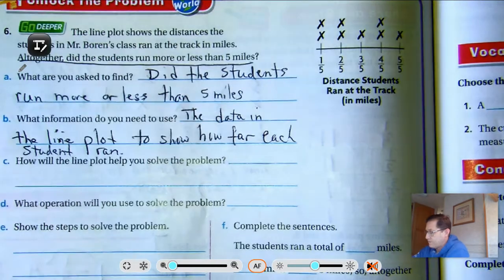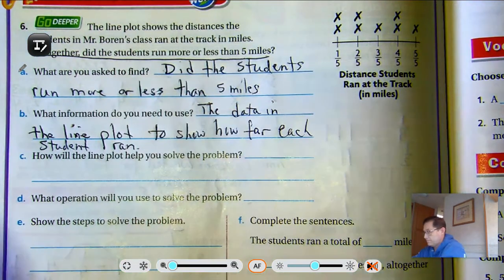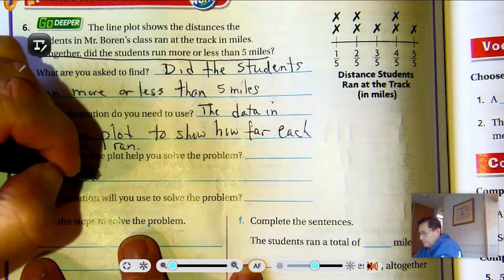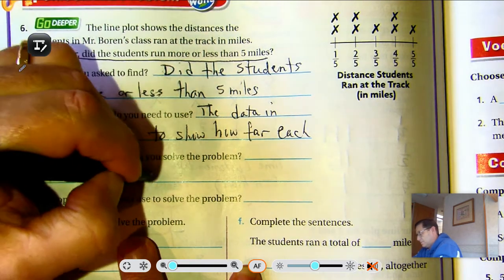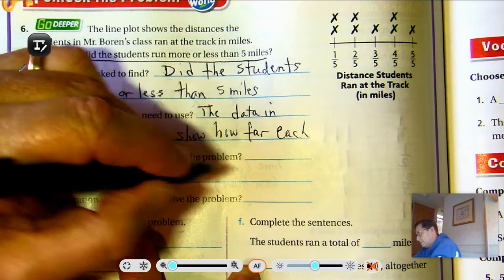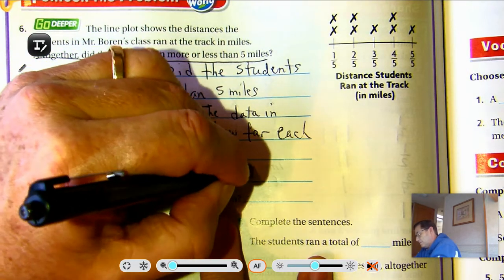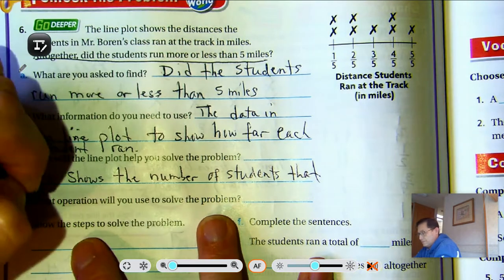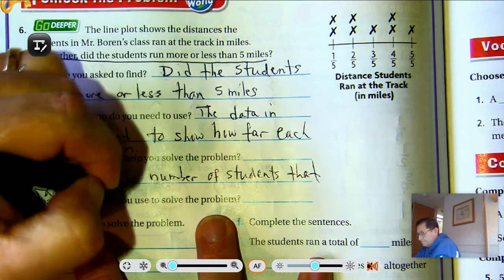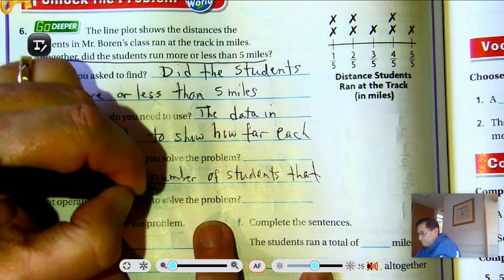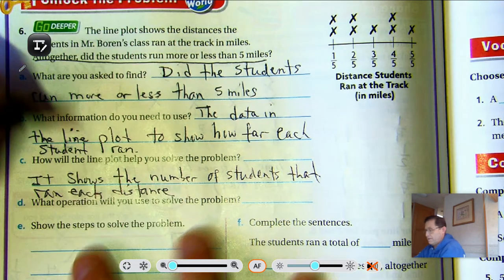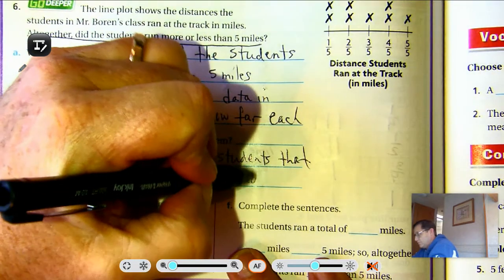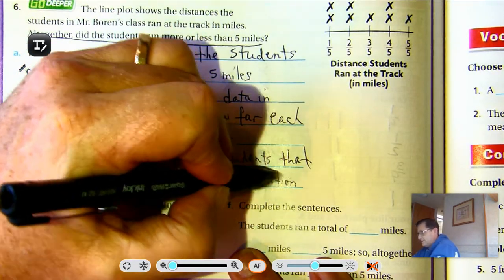How would a line plot help you solve the problem? What operation? Addition. All I have to do is add up all the data points.